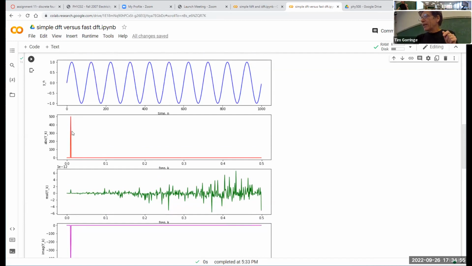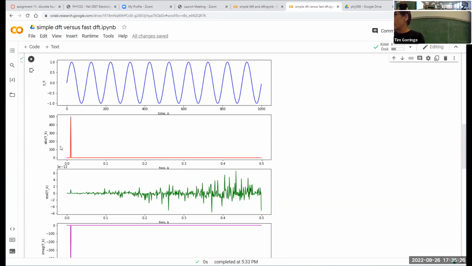So what we're seeing here is that there's one frequency in this data. So I've got this nice pure sine wave. So I'm just going to see one frequency, not a whole array of frequencies like I would see with a square wave. And that one frequency, my period was 100 samples, and so the frequency is 0.01 cycles per sample.